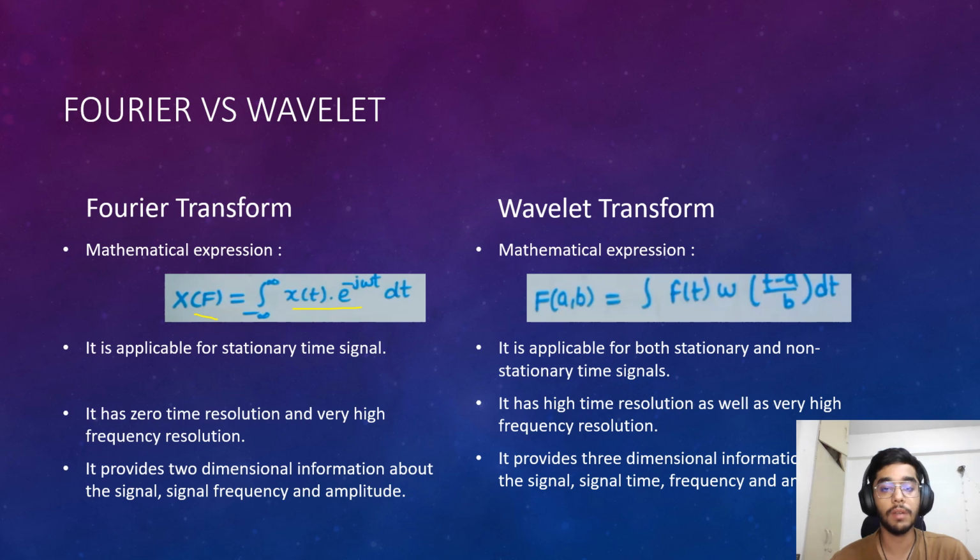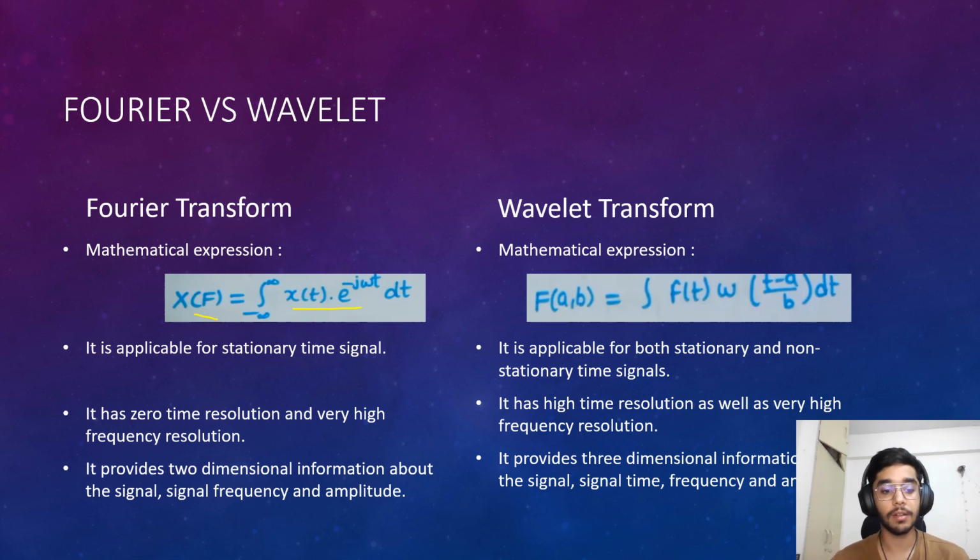If we need only frequency domain analysis, then Fourier transform is the thing to go. But in wavelet transform, it has very high time resolution as well as very high frequency resolution. So if we want both the domains to be analyzed properly, then we need to go to wavelet transform.